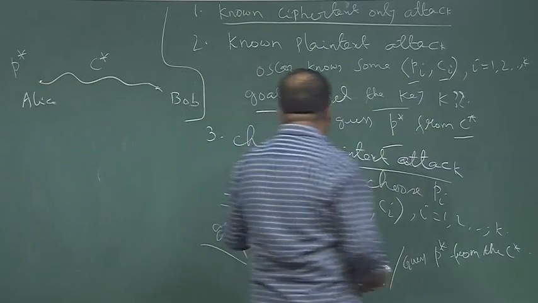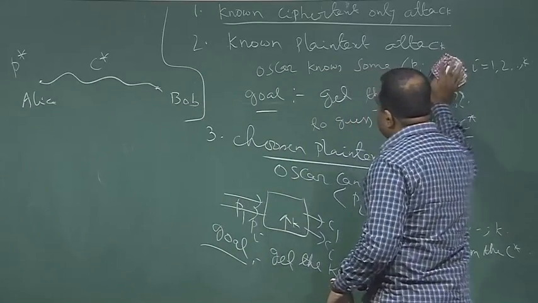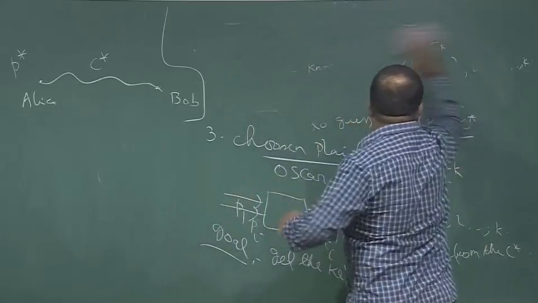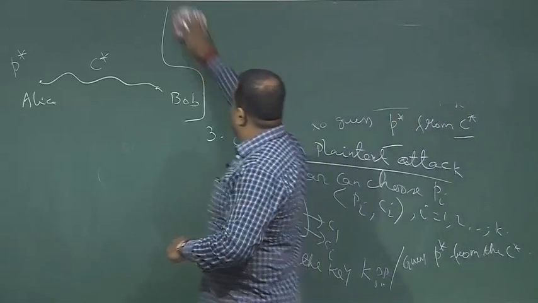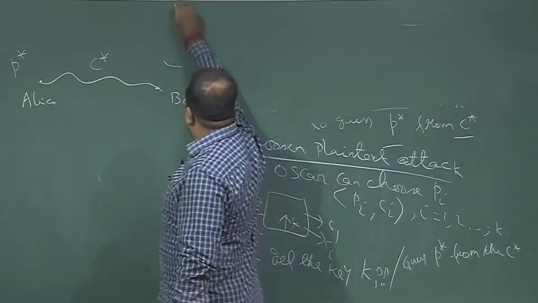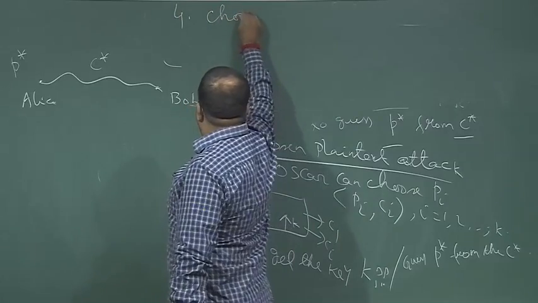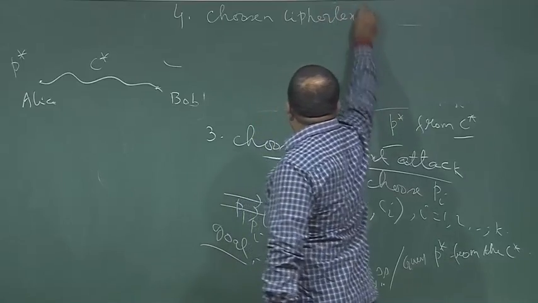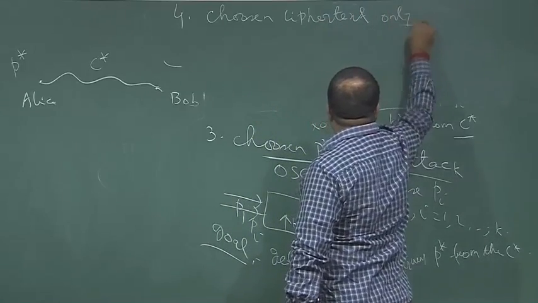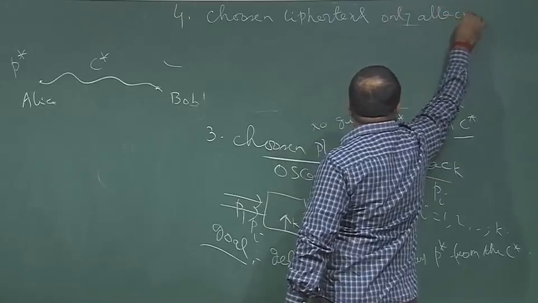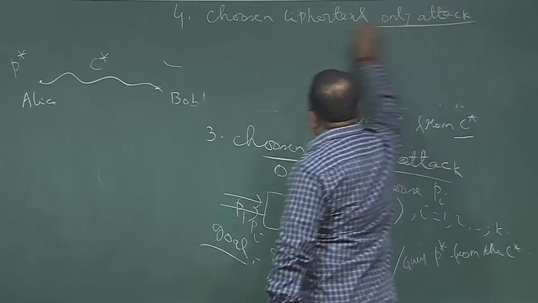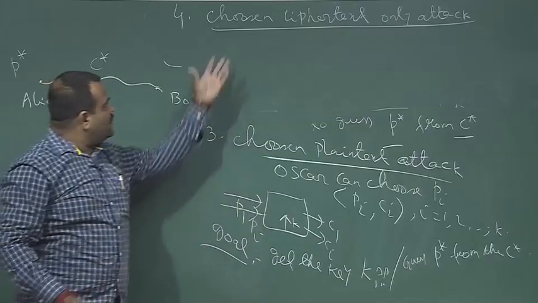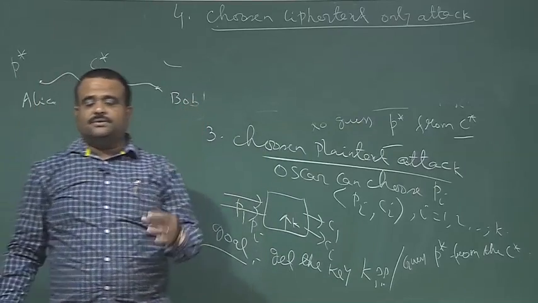Now the fourth one is the chosen ciphertext attack. Here we give Oscar temporary access to the decryption machinery.